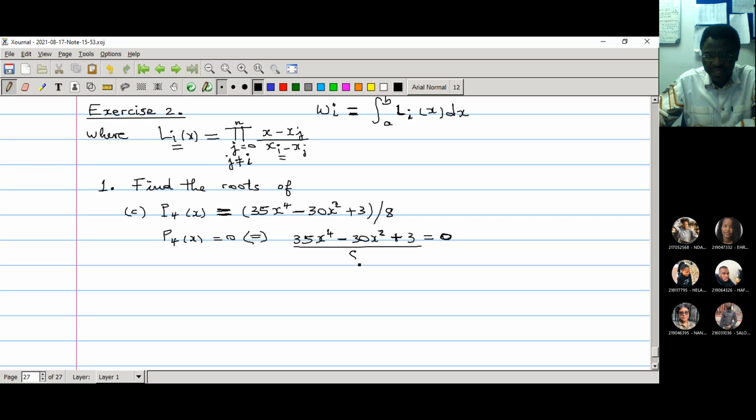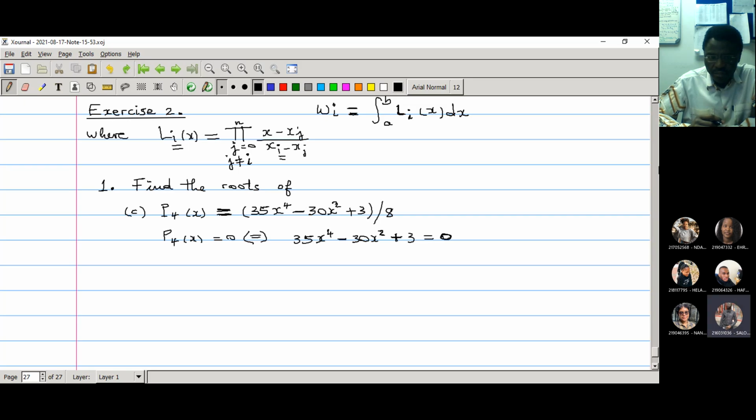If I put 8 here, isn't it the same if I remove the 8? If I multiply both sides of the equation by 8, isn't it the same? Okay, say what I did. Yeah, from here, what is the next step?